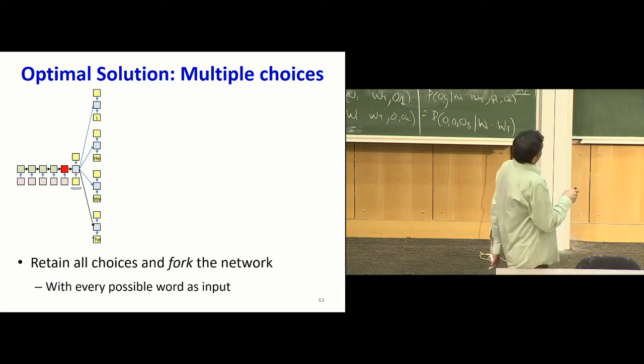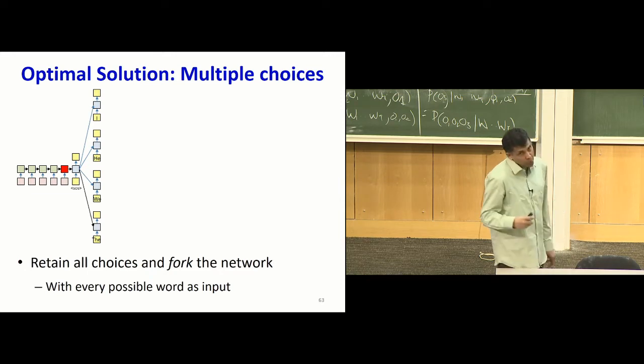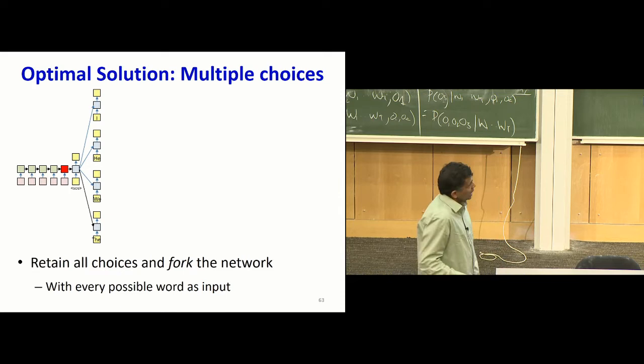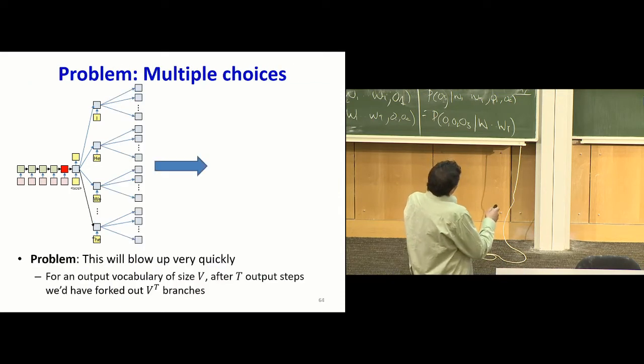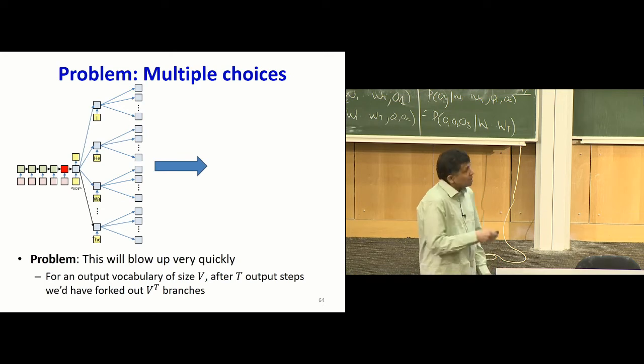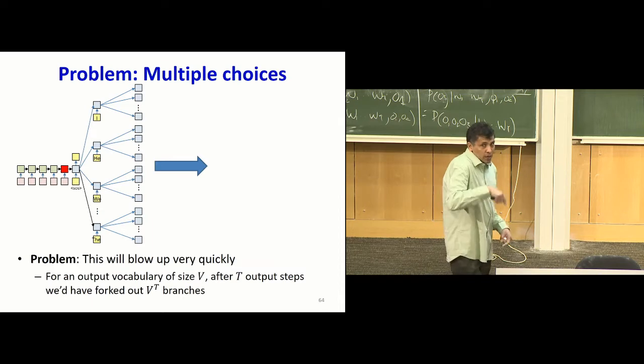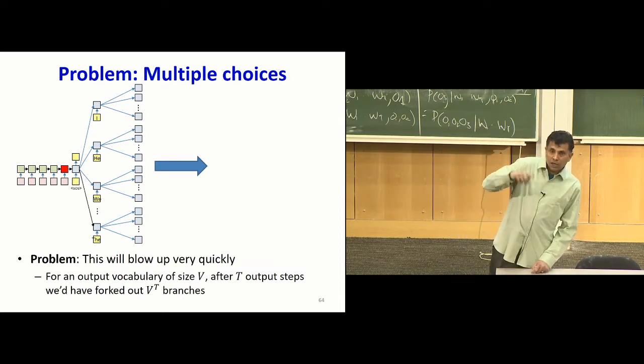So at this point, you would have V different probability distributions being produced by the network. Now, at the next time, each of those V outputs is again going to clone the network again, starting from this point on. And then each of those V words is going to be passed back into the network to produce the probability distributions over the next word.